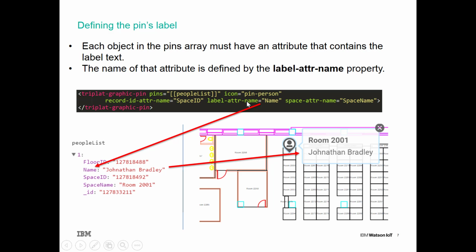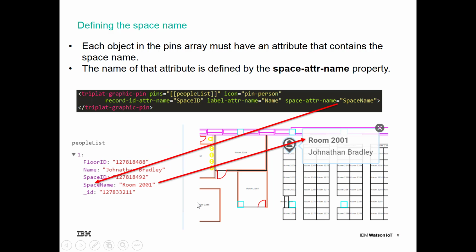In this case, the label will come from the name attribute that contains the name of the person, in this case Jonathan. And the space name comes from the space attribute name. In this case, it is set to spaceName, which is an attribute of the object that contains the name of the space where Jonathan is located.